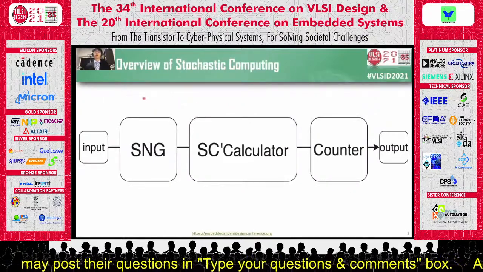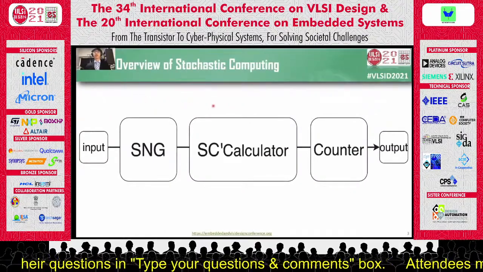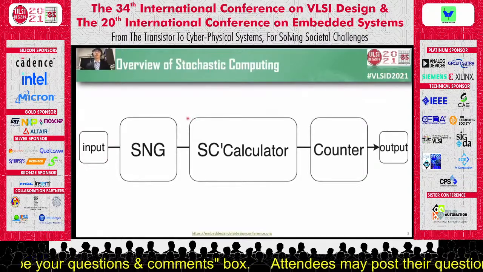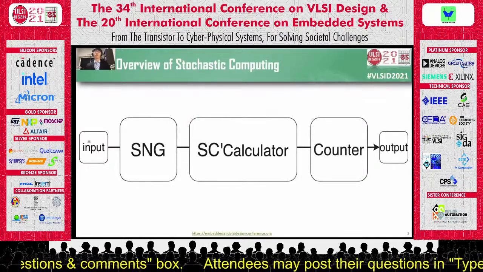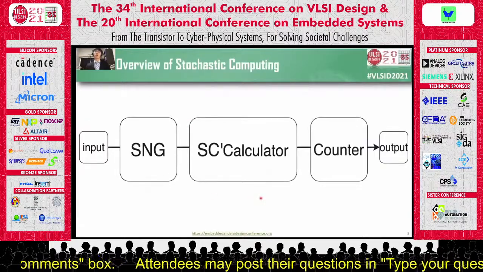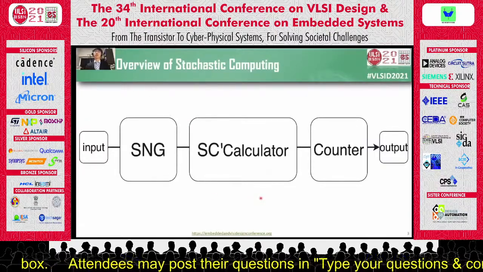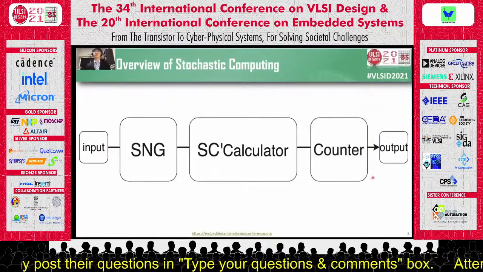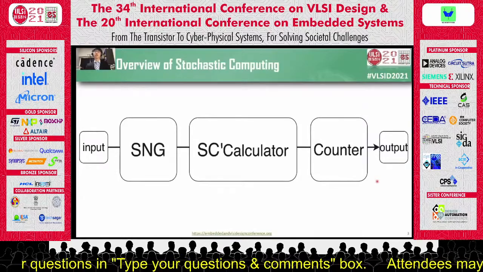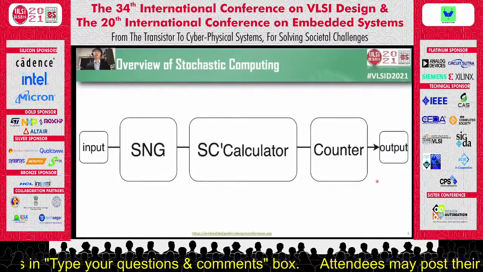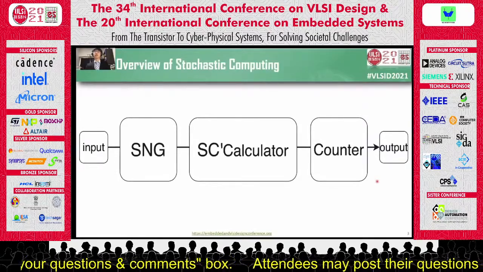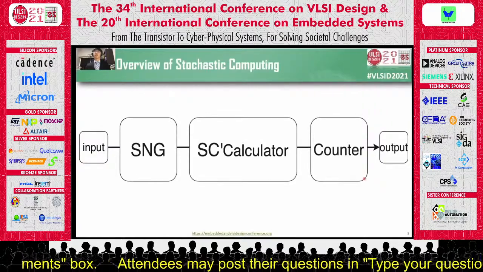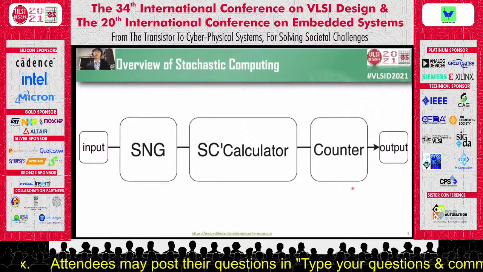Next, I explain an overview of stochastic computing. We first convert conventional binary input numbers to SNs by an SNG. Then we calculate our desired function using SNs in the SC manner. Finally, the result of the SC calculation is converted to a conventional binary number by counting the number of ones in the result SN.